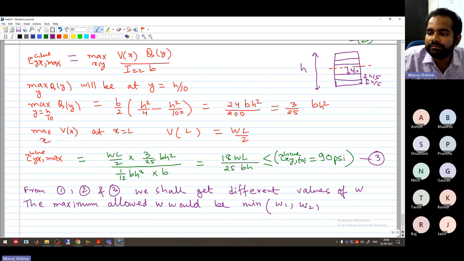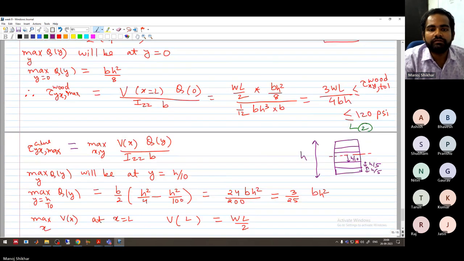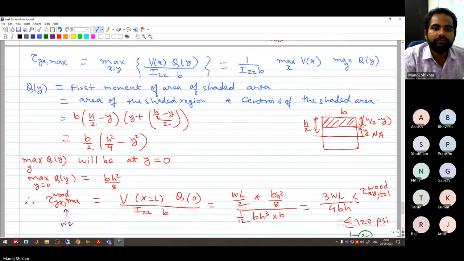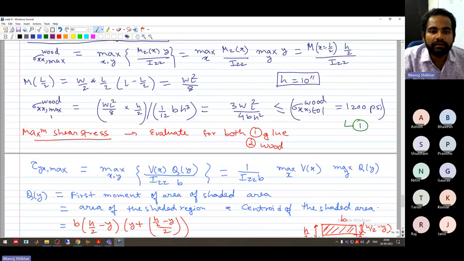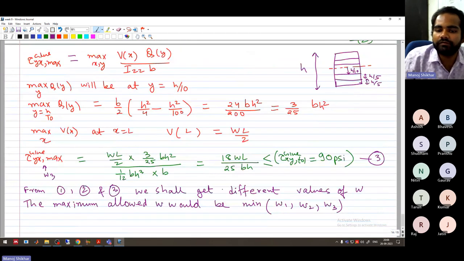So suppose from here we get W3, from here W2, and from here W1, then the minimum of those will be the value of UDL.